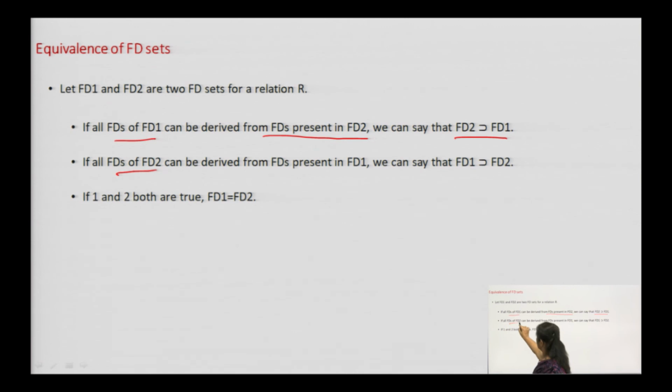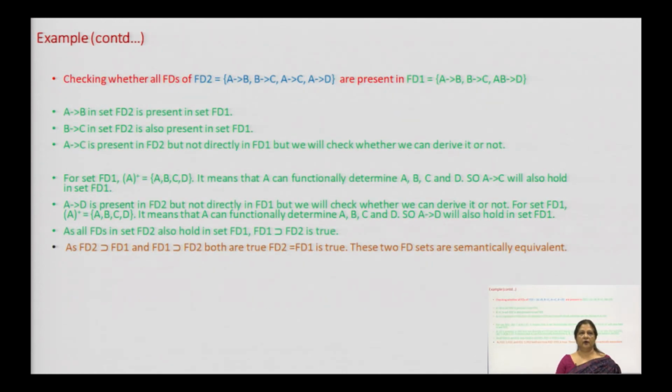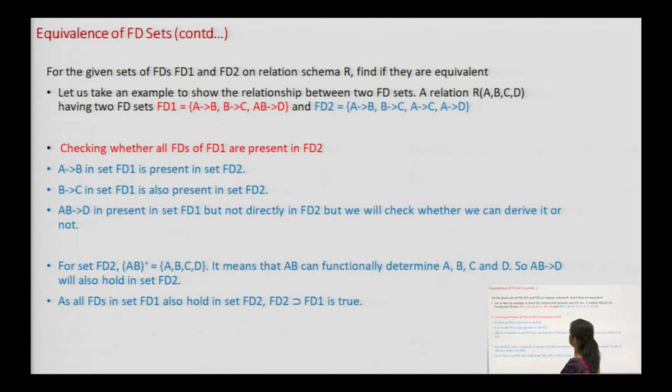Similarly, if all the FDs of FD2 can be derived from FDs in FD1, then FD1 is a superset of FD2, and if both these conditions are true, then we say that the two sets of functional dependencies are equivalent. Quickly, let us take up an example.